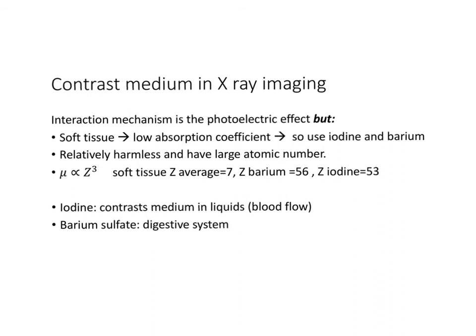Soft tissue on average has an atomic number of 7, but barium and iodine have high atomic numbers of 56 and 53. And we know that the attenuation coefficient or absorption coefficient is directly proportional to the cube of the atomic number.